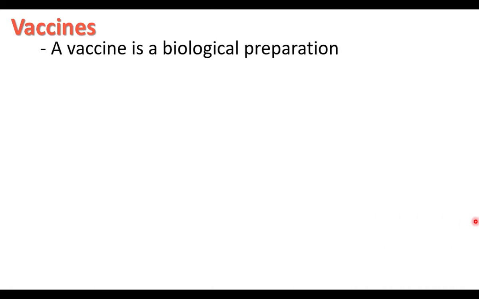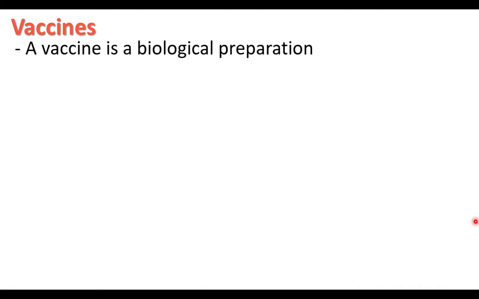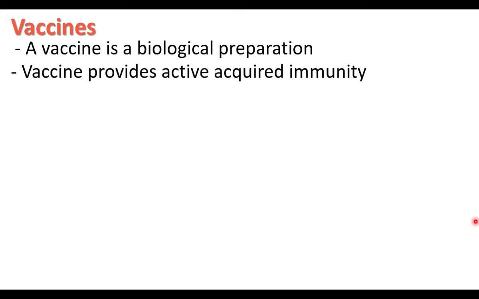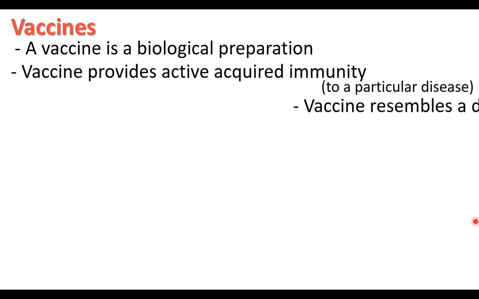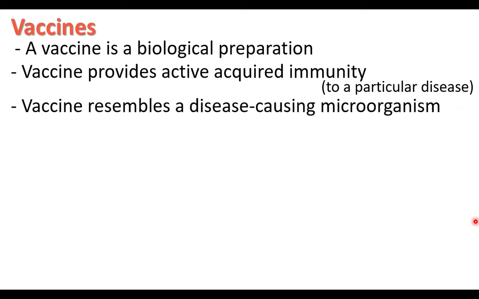A vaccine is a biological preparation. A vaccine contains biological material. A vaccine provides active acquired immunity. A particular vaccine provides immunity against a specific disease. A vaccine resembles a disease-causing microorganism.